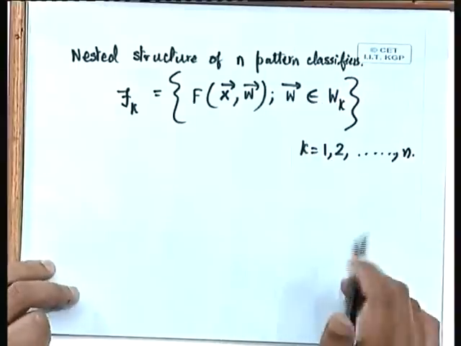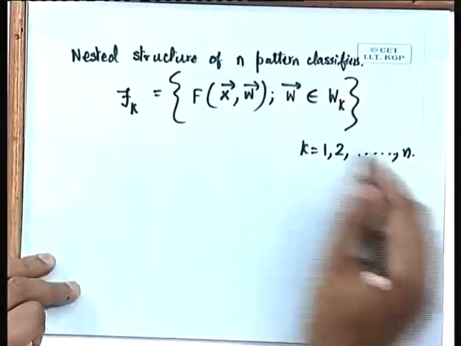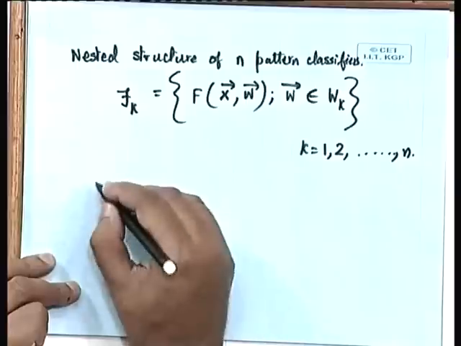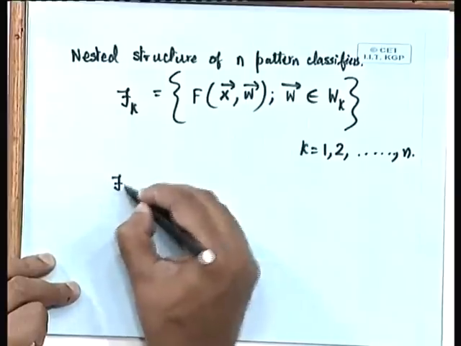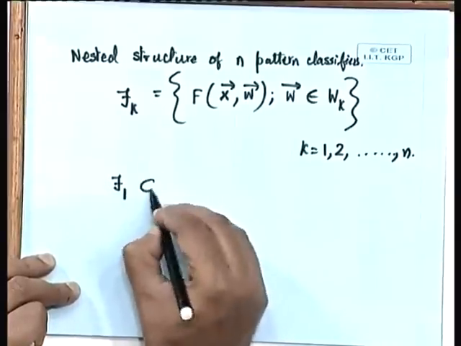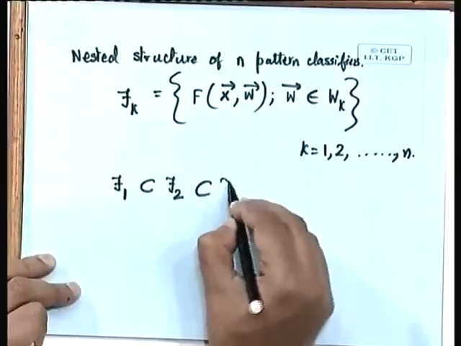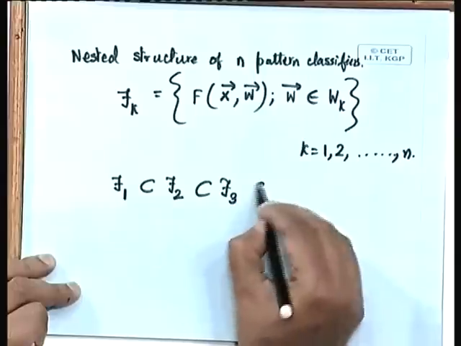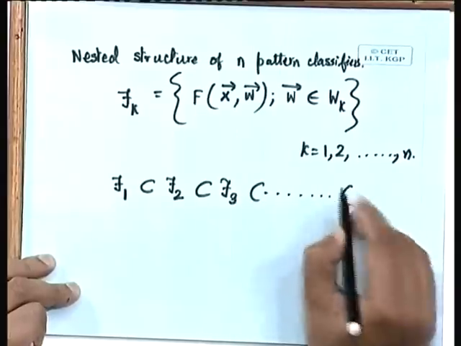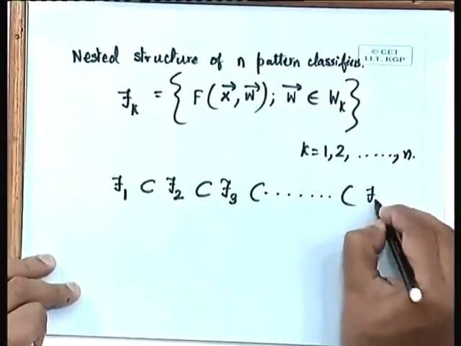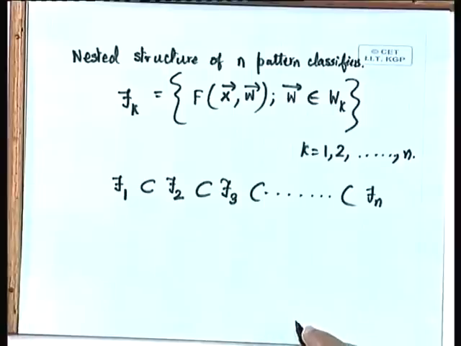Right. Okay. And how do we define the nesting? The nesting is done such that F1 is contained in F2, that is contained in F3, and so on, and the last class is Fn, which includes everything. Okay.